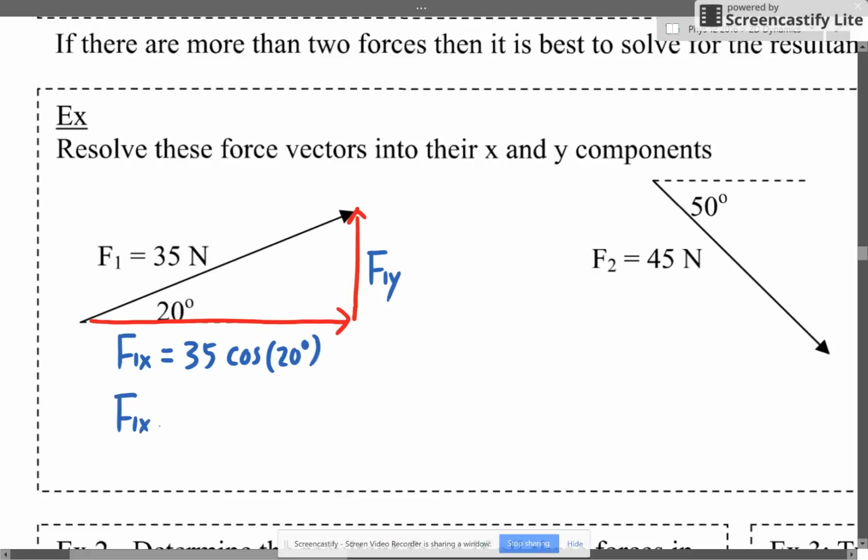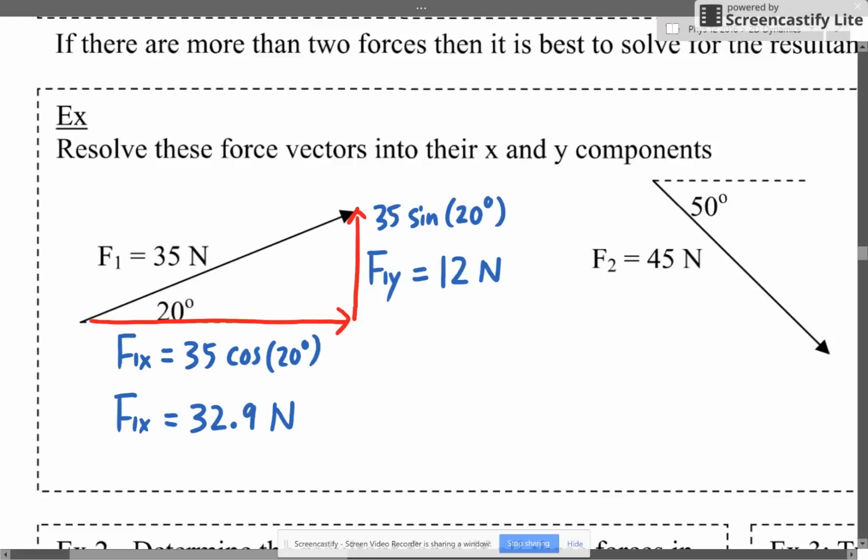So F1x must be 32.9 Newton. Now for this side, use 35 sine. If one side uses cosine, the other direction uses sine. So 35 sine 20 degrees gives you approximately 12 Newton.